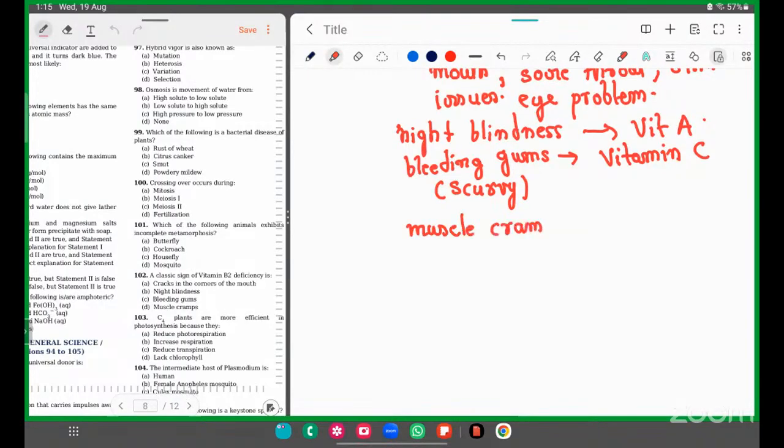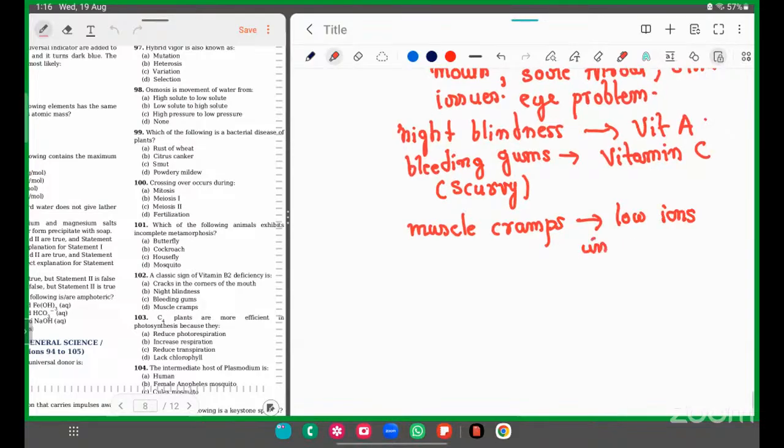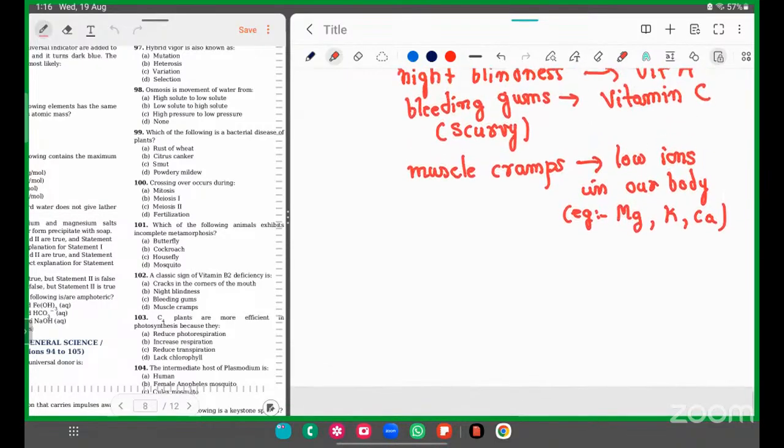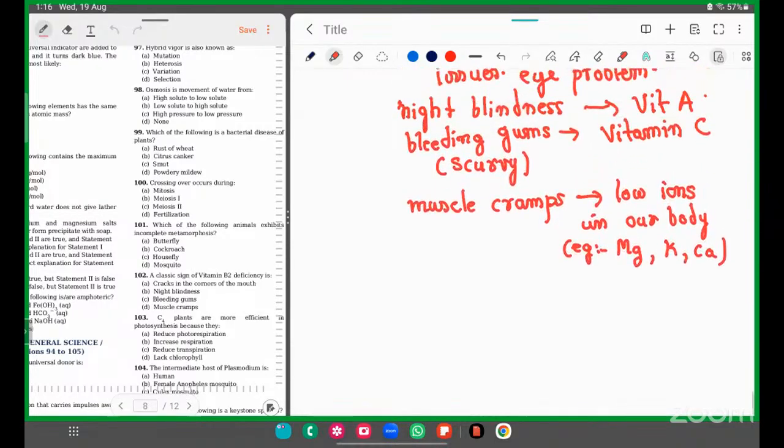Muscle cramps occur when there are low ions in our body, for example magnesium Mg, potassium K, or calcium. It happens due to low ions in the body, not due to vitamin deficiency.